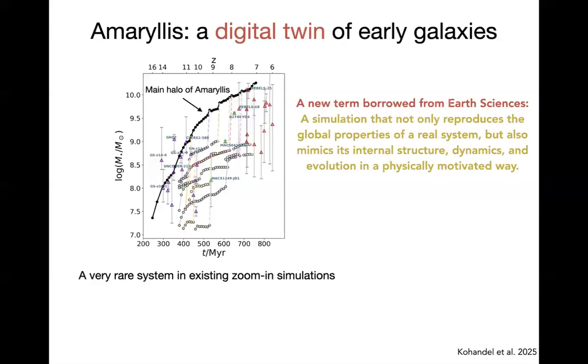So maybe these very high redshift galaxies are basically progenitors of the EoR galaxies.